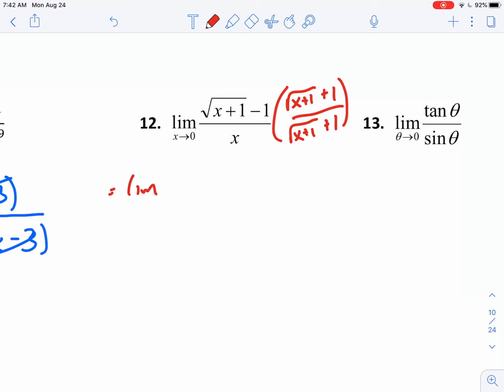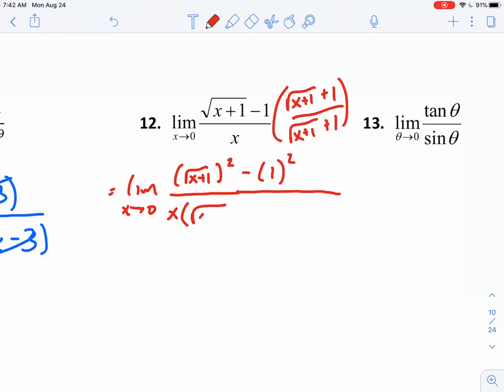What I have here is the limit as x approaches 0 of. Now, when you multiply by conjugates, the trick is it's the first term squared minus the second term squared. And on the bottom, well, don't multiply out the x yet.